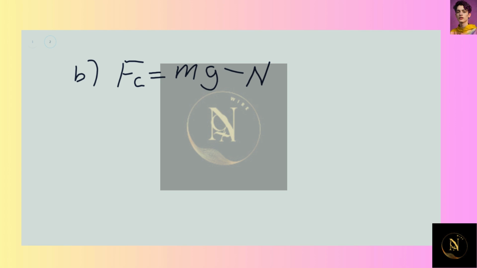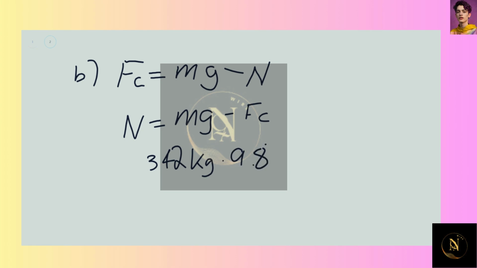All right, if we want to find the normal force, all we have to do is rearrange that to get that N is equal to mg minus Fc. Now, we know our mass, and we can multiply that by the acceleration of gravity, which is 9.8 meters per second squared.